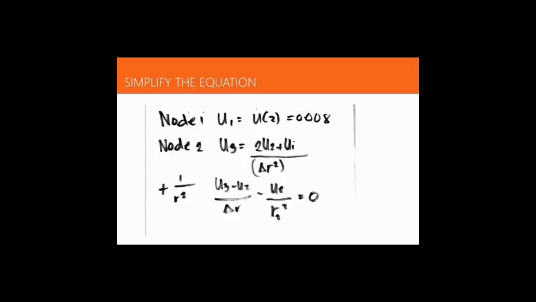In node 1, u of 2 is equal to 0.008, and then node 2 will be u of 3, and those will be the equation that will be substituted later. (u of 3 minus 2 u of 2 plus u of 1) over the delta r squared plus 1 over r times (u of 3 minus u of 2) over the delta r minus u of 2 over r squared is equal to 0.